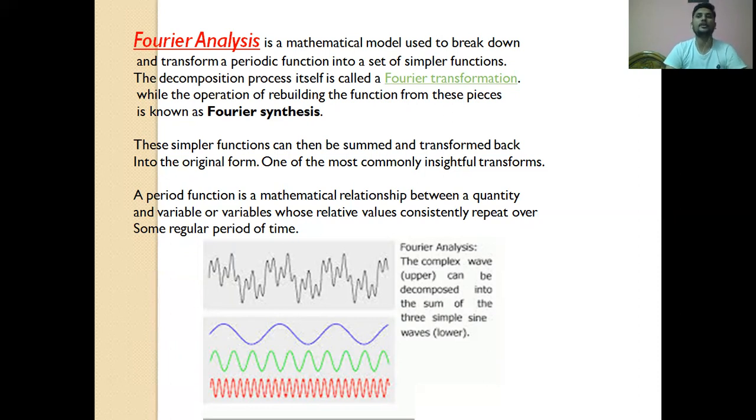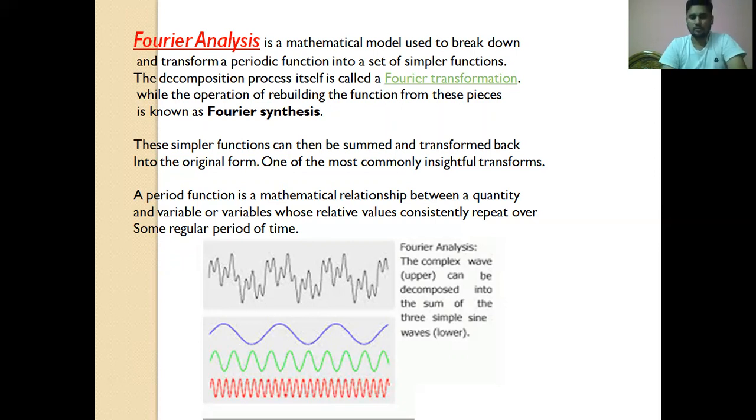Generally, a program function is a set of instructions, a part of a program subdivided into functions. Likewise, in data transmission in the physical layer, it is subdivided into functions. The decomposition process itself is called a Fourier transformation. So the Fourier transformation is nothing but the breakdown of functions.